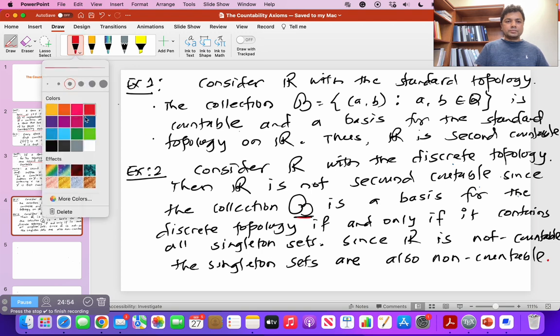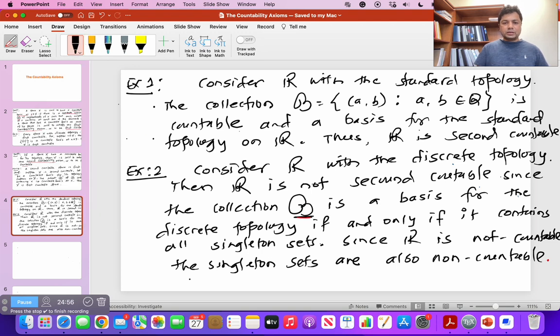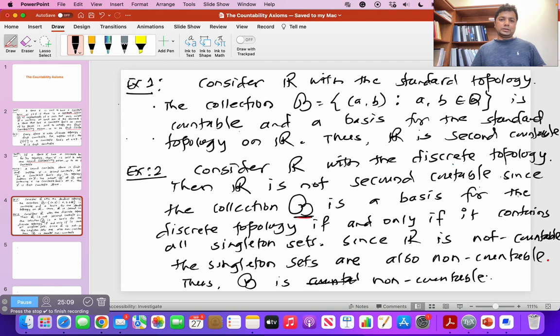So here we have seen that every basis for the discrete topology on R is uncountable. That's why R, the set of real numbers with the discrete topology, is not a second countable space.